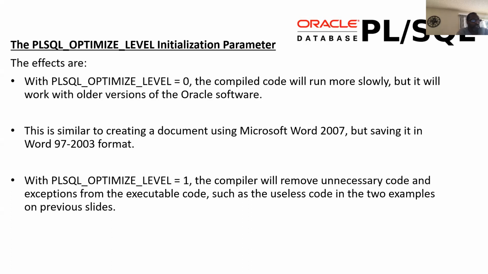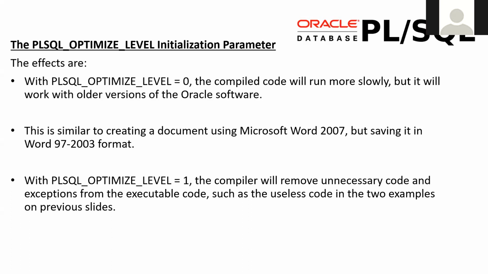If you've done something like that, you know that Microsoft Word will indicate that you're saving it as an earlier version and the formatting may be different. It will actually downgrade the format of the document based on what you're saving it as and what you're opening it as. So how would you know?